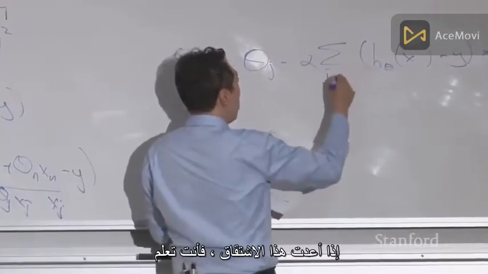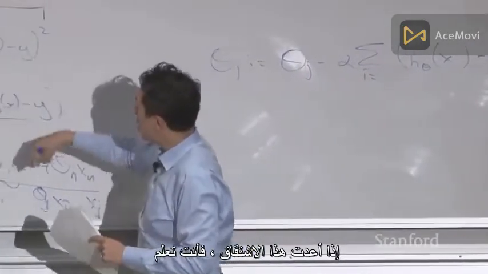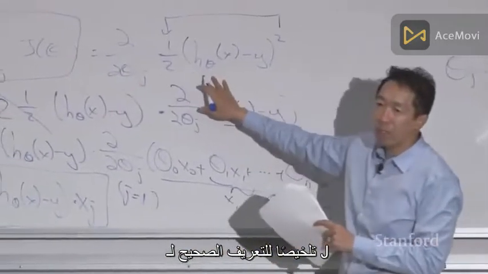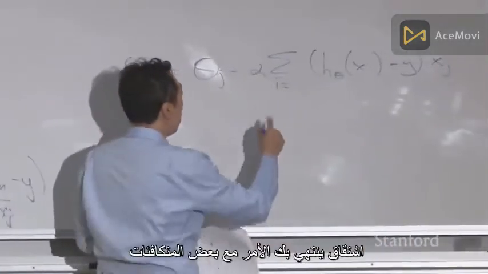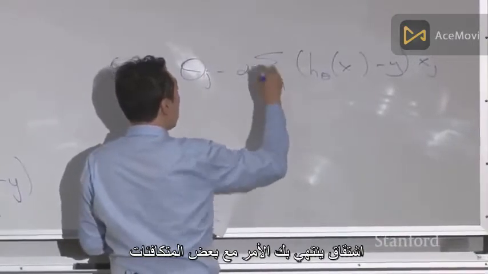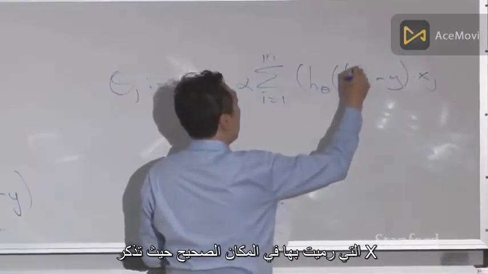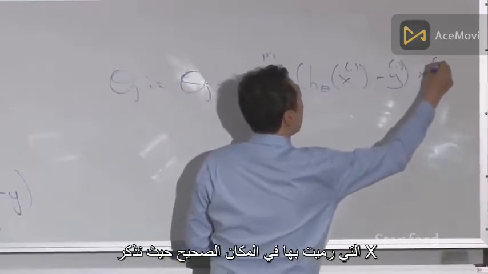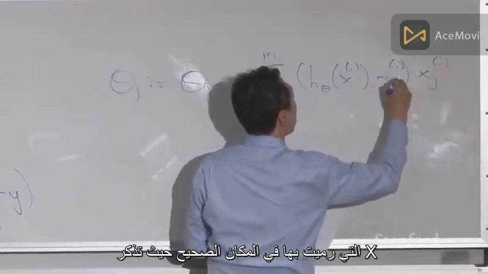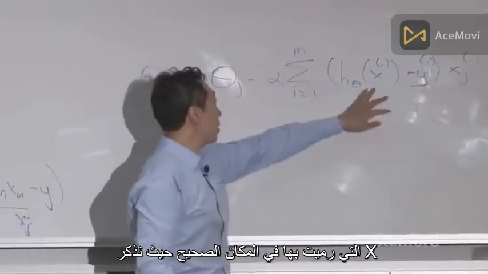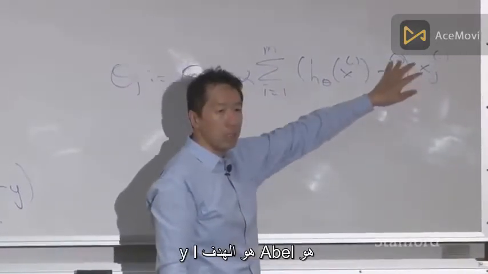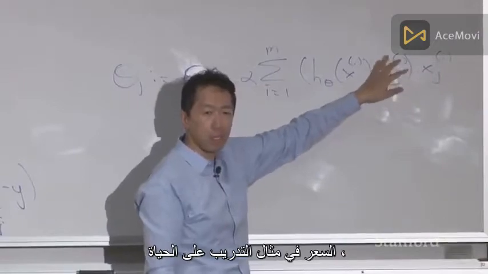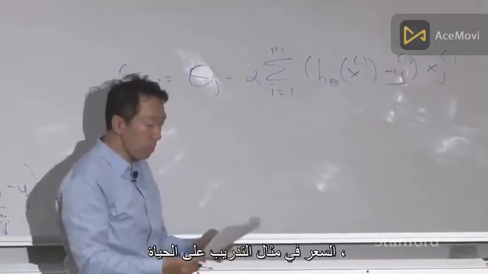If you redo this derivation with the correct definition of j of theta, which sums over all m training examples, you end up with the sum from i equals 1 through m of that, where xi is the ith training example's input features, and yi is the target label, the price in the ith training example.